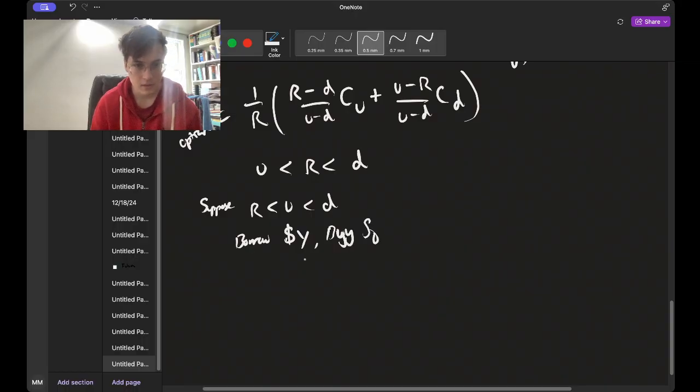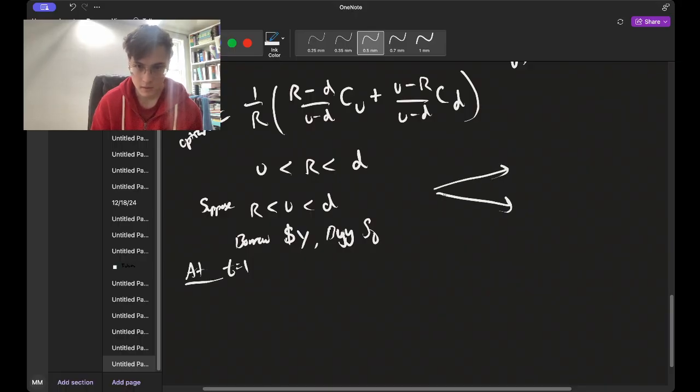So then what happens at T equals 1? Again, let me draw it out. So here there will be U S0, and then D S0. And so somehow this R S0 is down here.